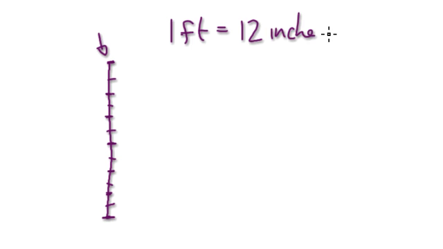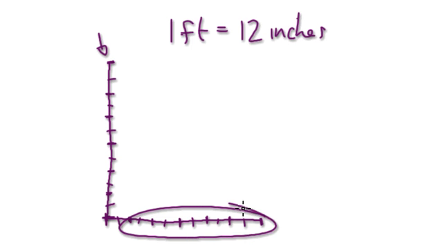So let's say this length here is one foot. Okay, this whole length here is 1 foot. Now 1 foot equals 12 inches. Okay, so that means 12 parts. Now look at this here. When you try and create a square here, again this here is still one foot.